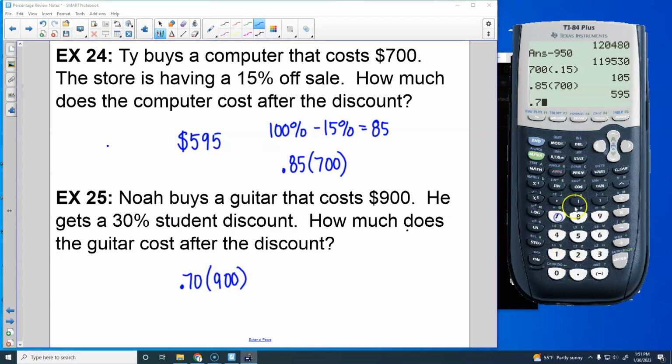So 0.7 times 900 is going to equal 630. Is that reasonable? That seems okay there, because it should be more than half, but definitely less than 900. So I think that looks okay.